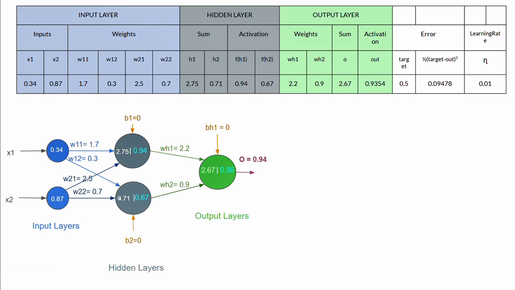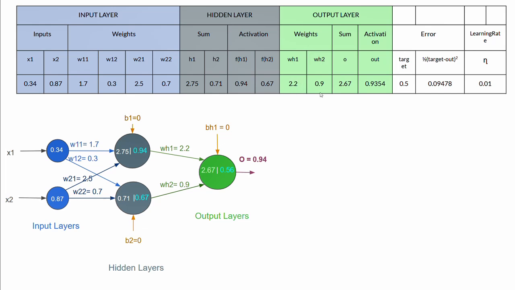This is the summation. Then we use the sigmoid activation function on this summation, and you will get f of h1 and f of h2. Similarly for the output layer, these are the weights wh1, wh2, with corresponding values 2.2, 0.9.